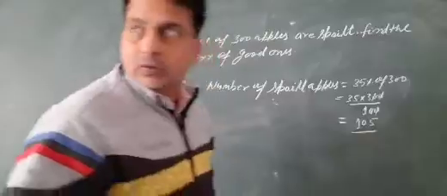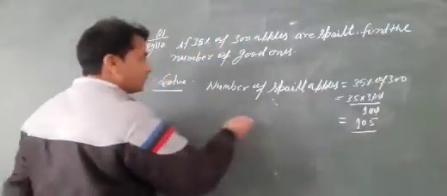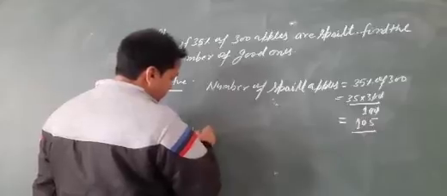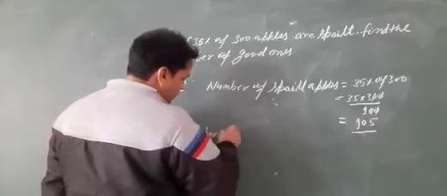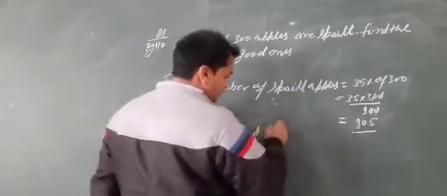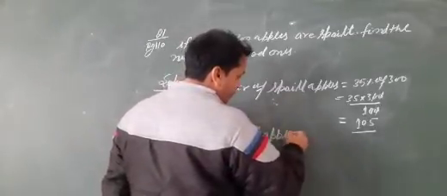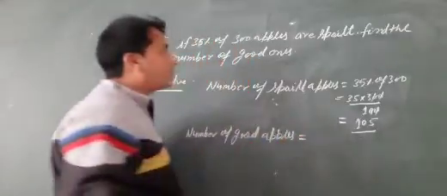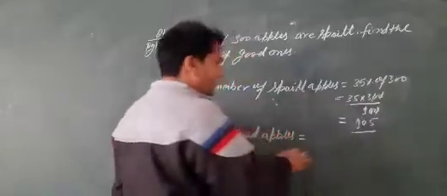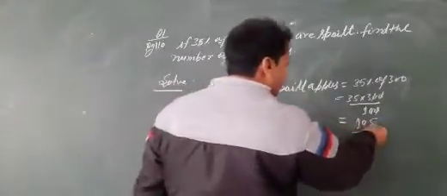Now the number of good apples. The total number of apples is given here as 300, and the number of spoiled apples is 105.